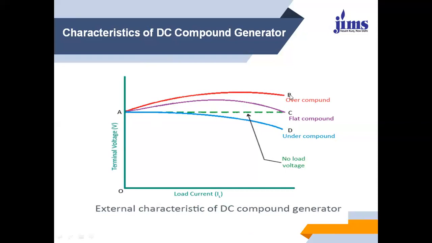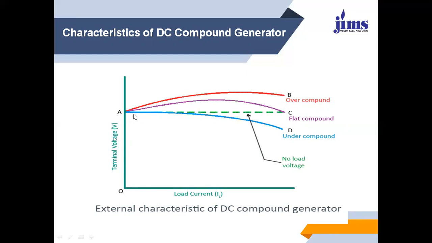Then the compound generator behaves as an overcompound. Or if the series flux is heavier than the shunt flux, then it will behave as an undercompound.